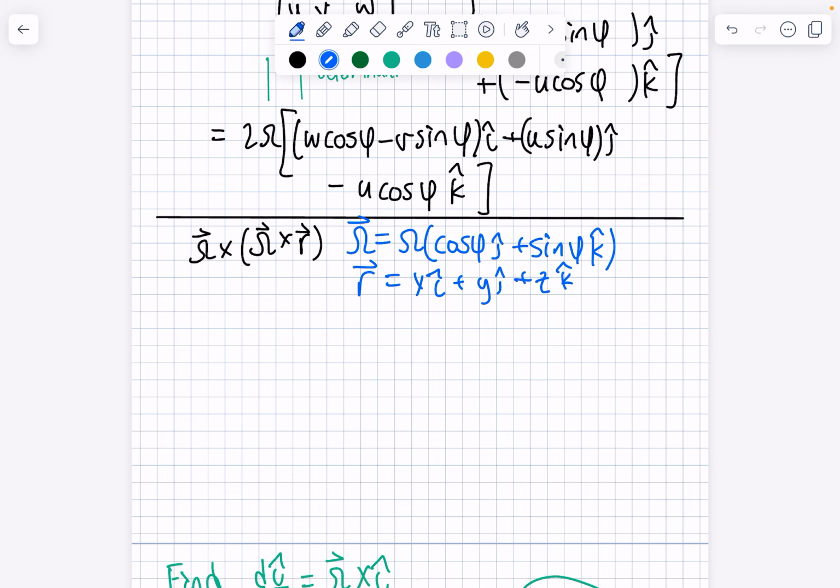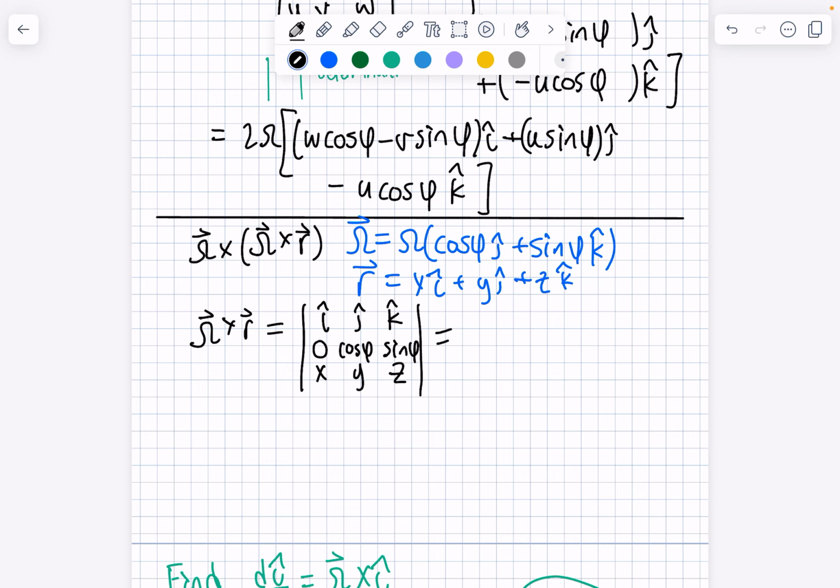So for the first term we have this equal to the determinant of I, j, k times 0 cos phi sine phi, and then x, y, z.